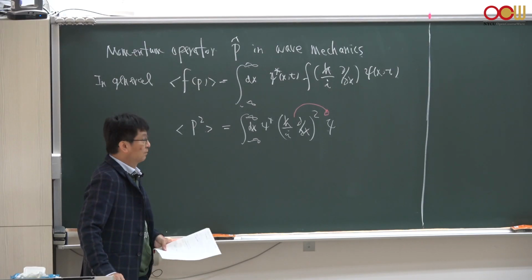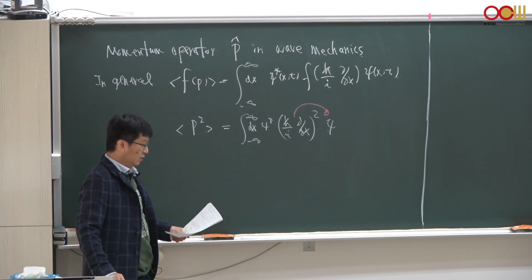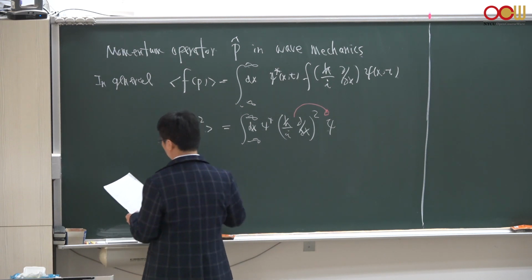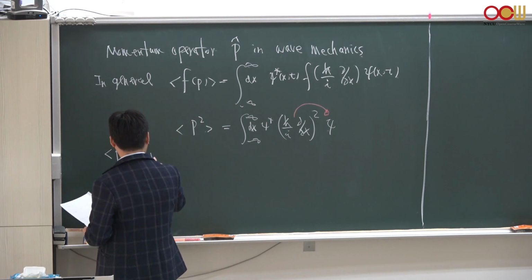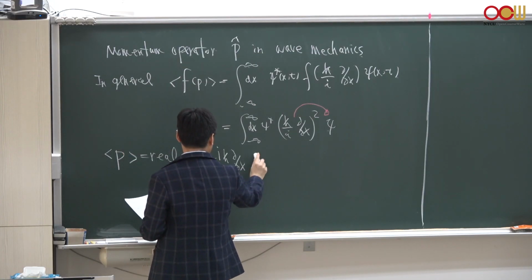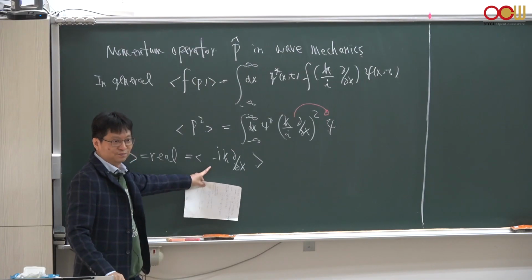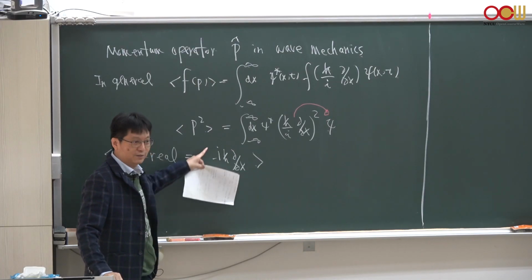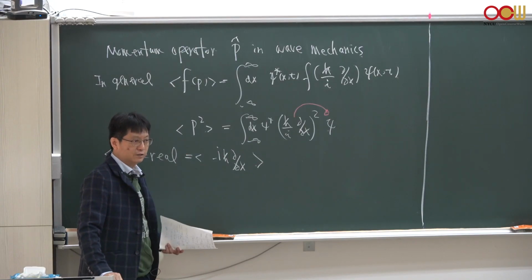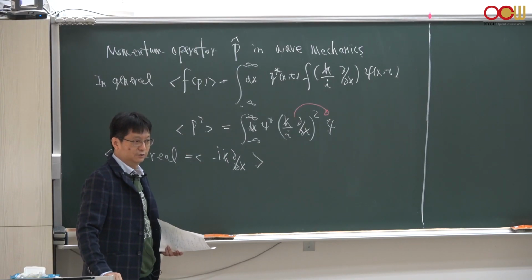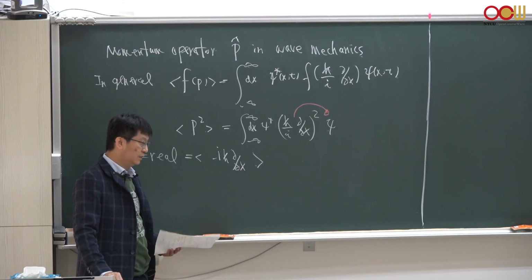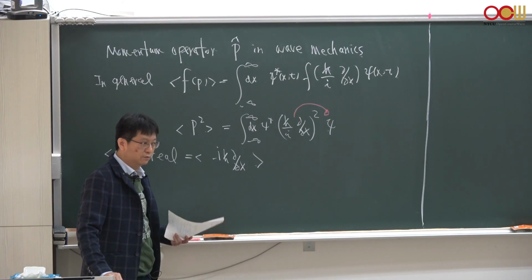Okay, but then we need to really show that this expectation value is a real value, because you may worry that this kind of expectation value carrying an i or minus i here may lead to complex results, which should not happen, because we know that any physical observable should be real valued.